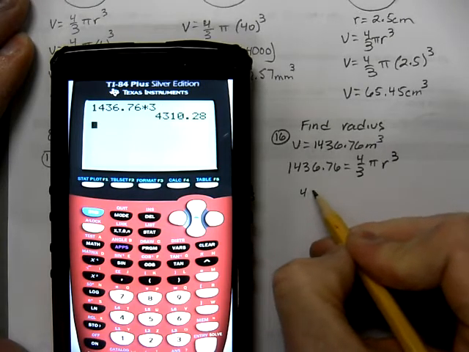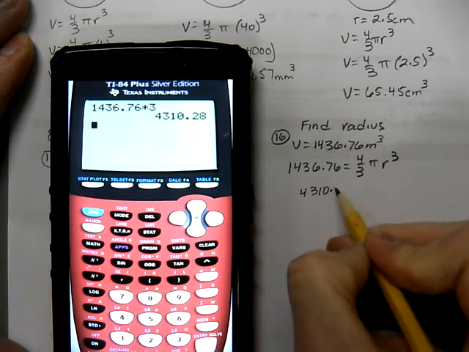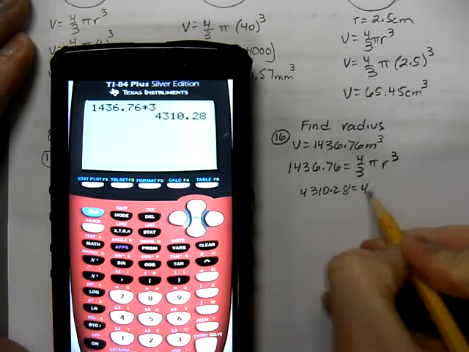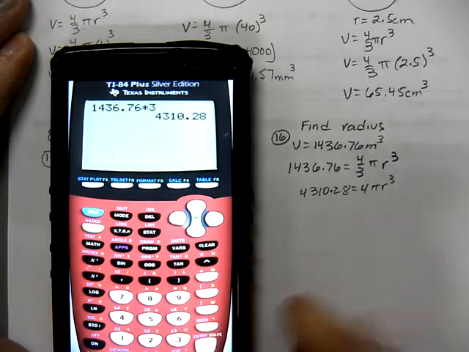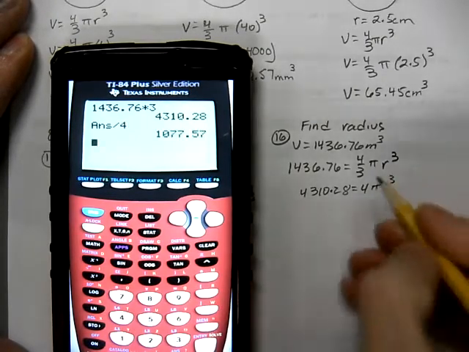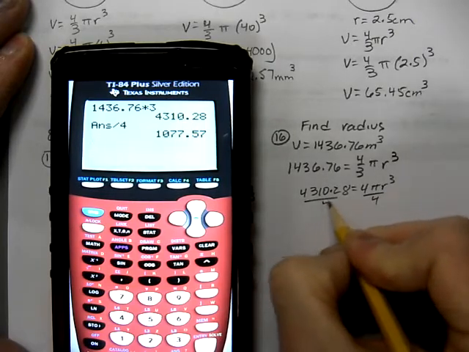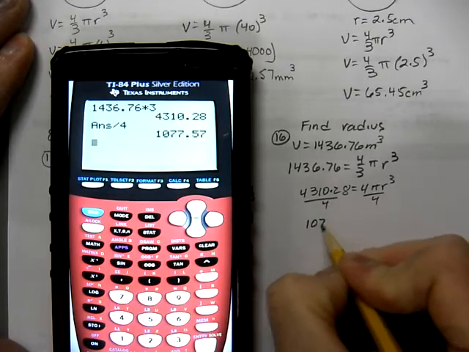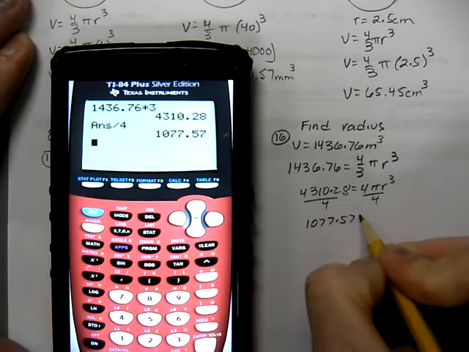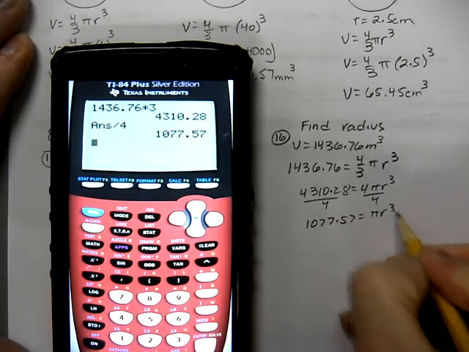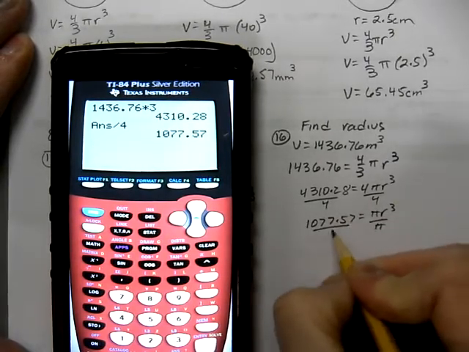So we're going to get 4,310. And then we're going to divide by the 4. Then we can divide by the pi.